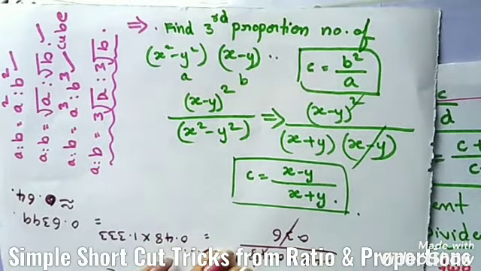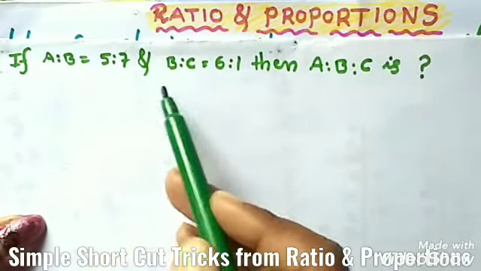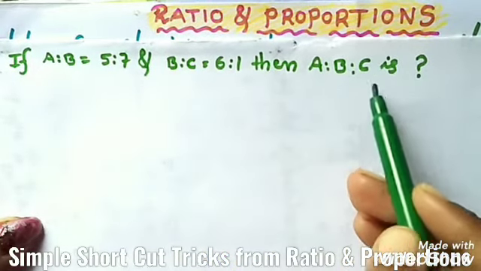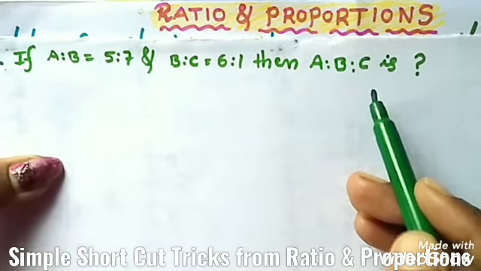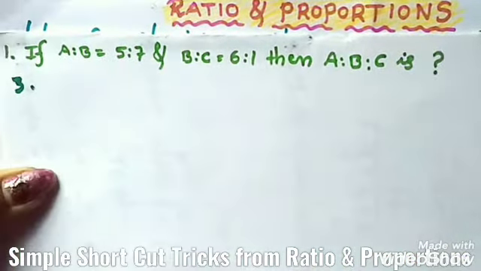Right. Let us see the first example. If A is to B is equal to 5 is to 7 and B is to C is equal to 6 is to 11, then find out A is to B is to C. For this problem, students, I'd like to share with you 3 shortcut tricks.